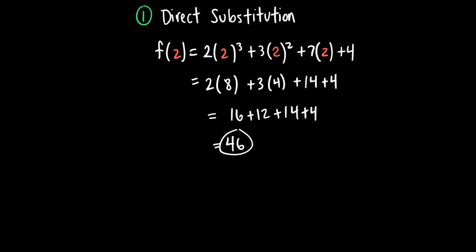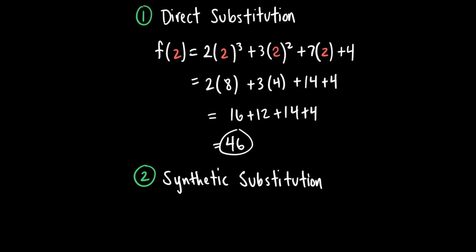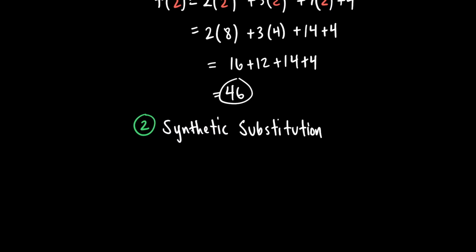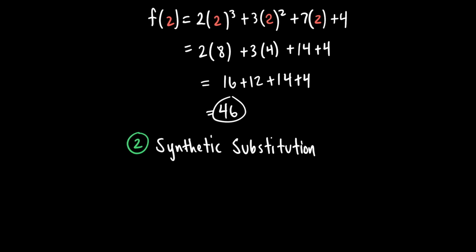The next method is called synthetic substitution. I'm not going to go into why this works, which would probably be another video worth watching. The function was 2x cubed plus 3x squared plus 7x plus 4.